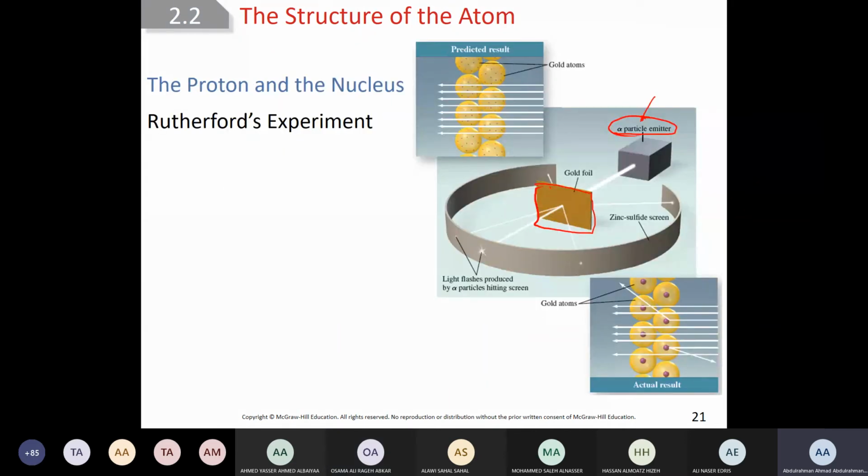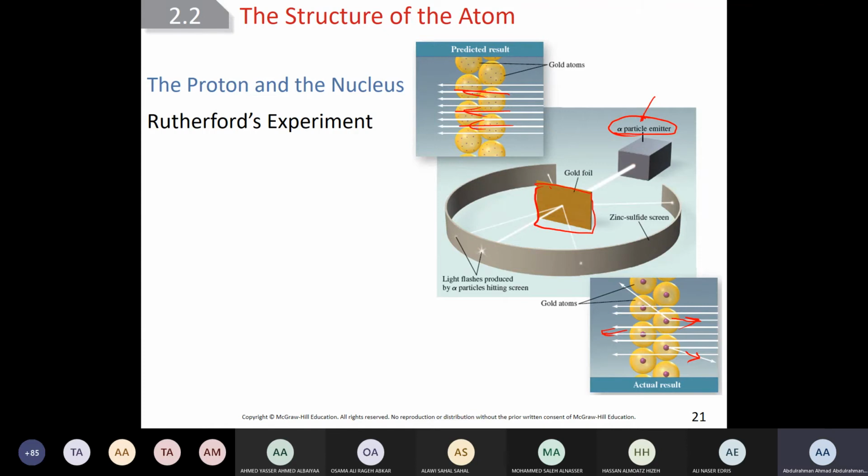Okay? He was expecting that all the alpha particles will go through like this. But no, what happened? He found that some will go through, but some will be reflected, and some will even be deflected maybe. It will come back like this.